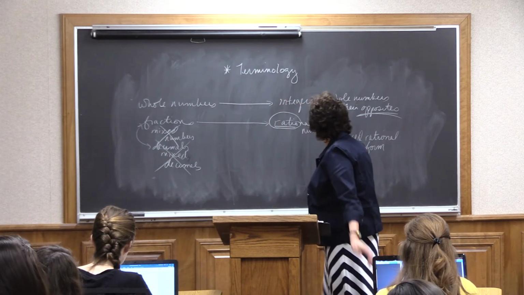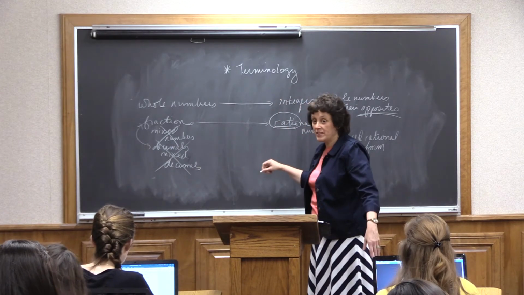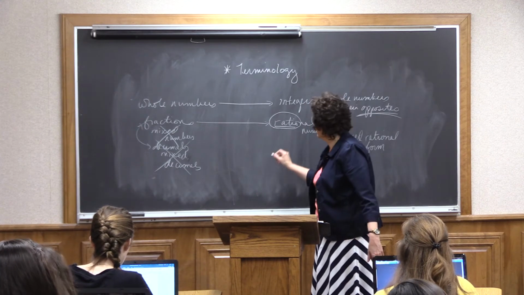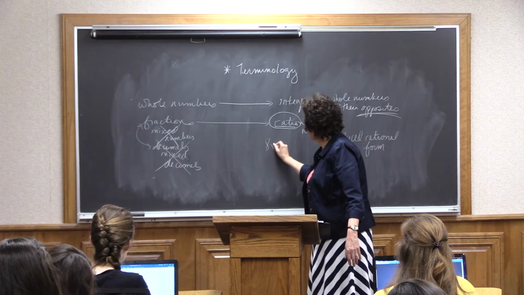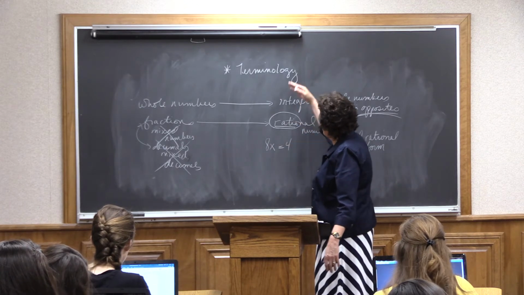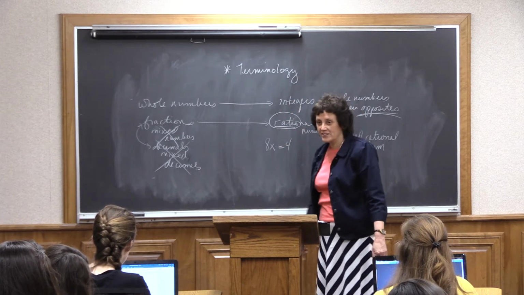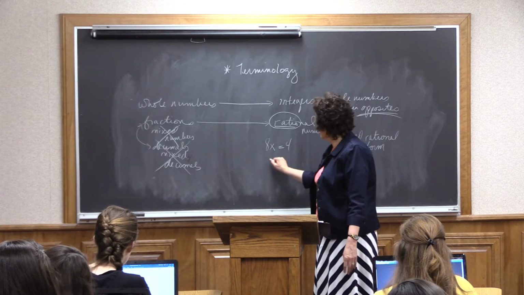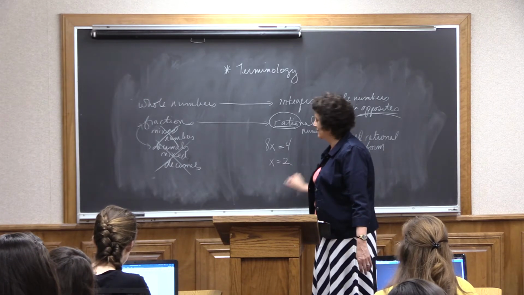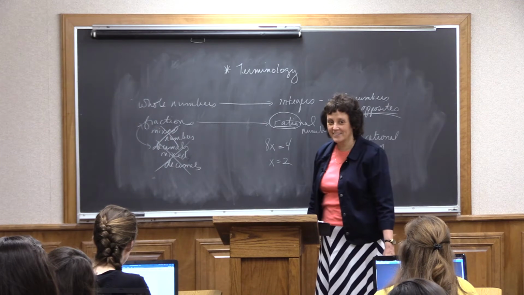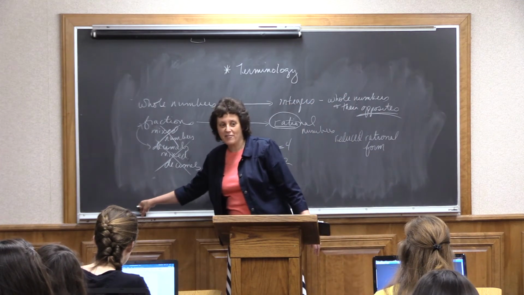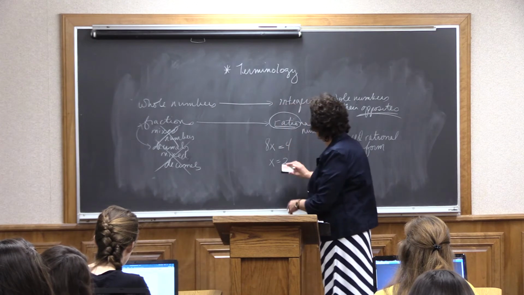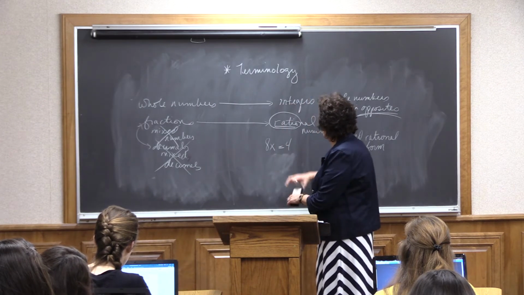What do we do when we have a fraction involved in an equation? What if I have 8x equals 4? I've worked my equation down. Guess what many students answer off the top of their head? Because they have fraction phobia. And that fraction phobia becomes a misunderstanding of what rational numbers are.